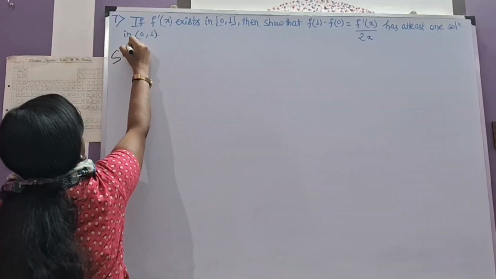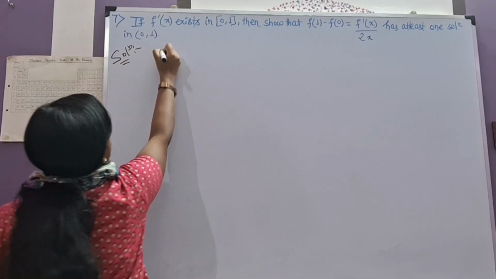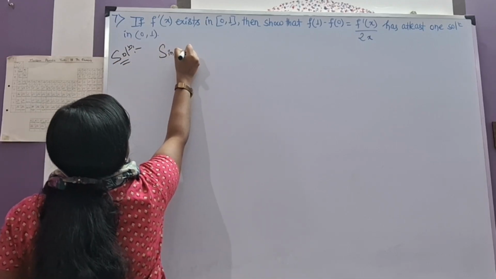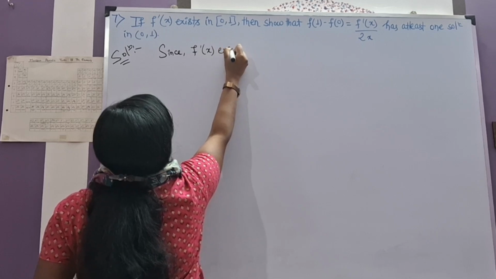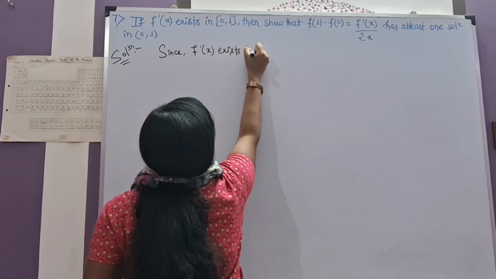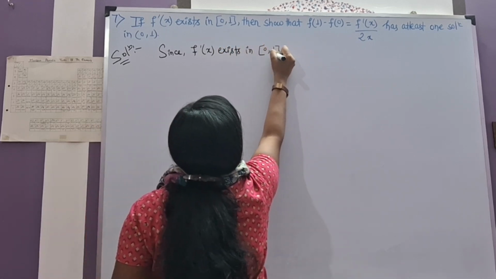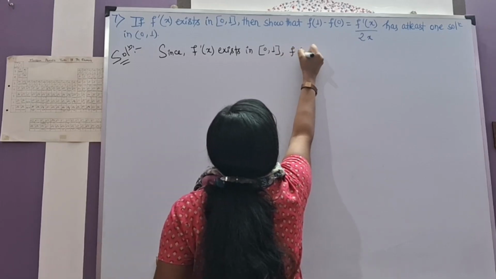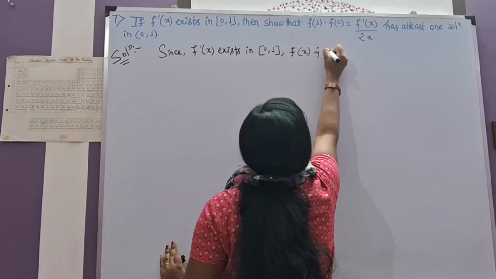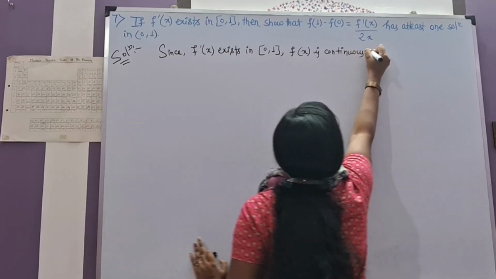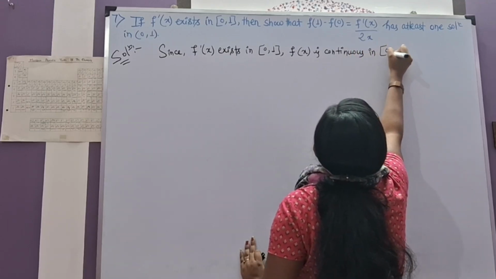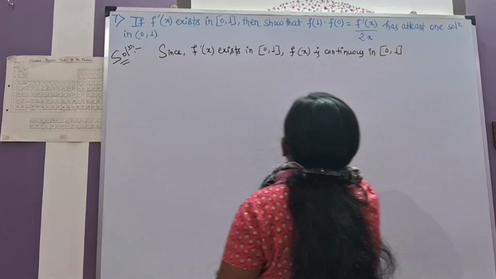Now we are going to solve this numerical. So since it is given that f dash of x exists in closed interval 0, 1, we can easily say that f of x is continuous in closed interval 0, 1.